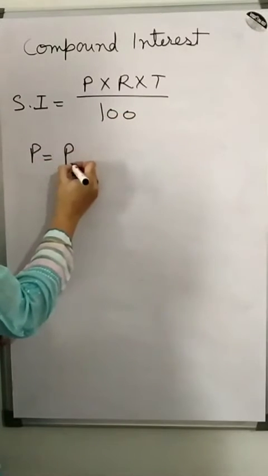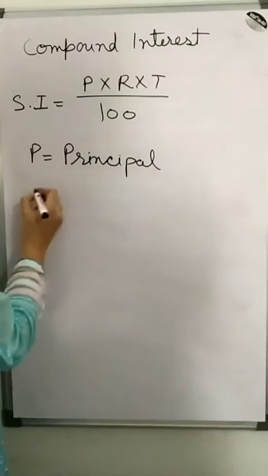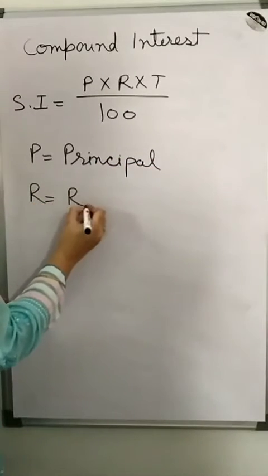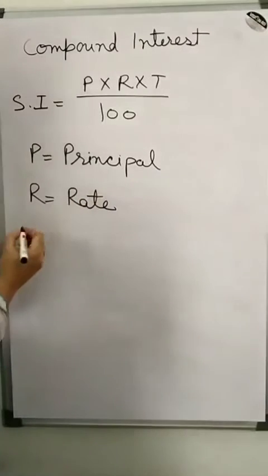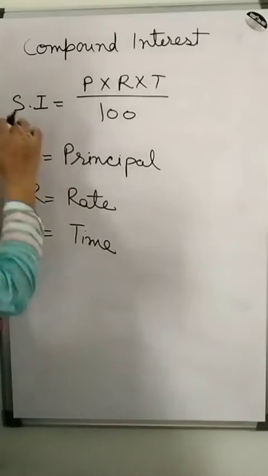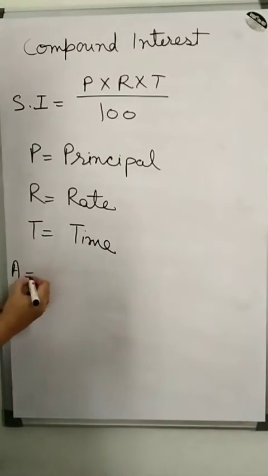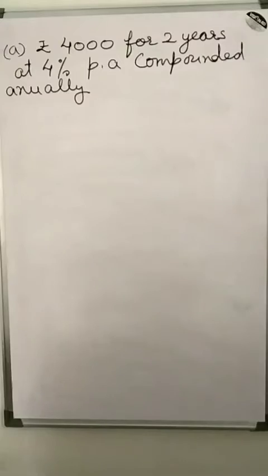P means principal, R means rate, T means time. And the amount is equivalent to principal plus simple interest.